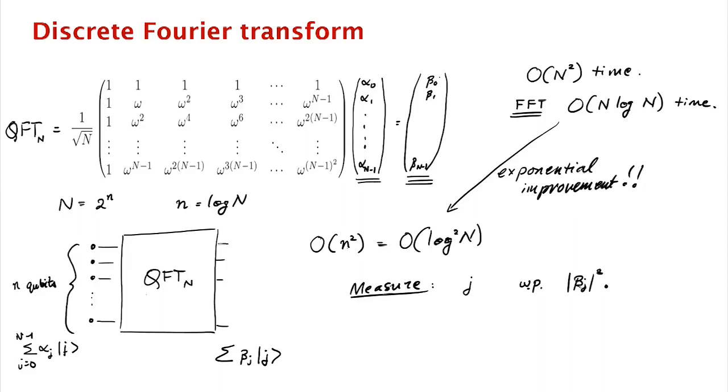Okay? So you don't get to see all the beta j's, you don't even get to see one of the beta j's. All you get to see is an index j sampled according to this distribution.